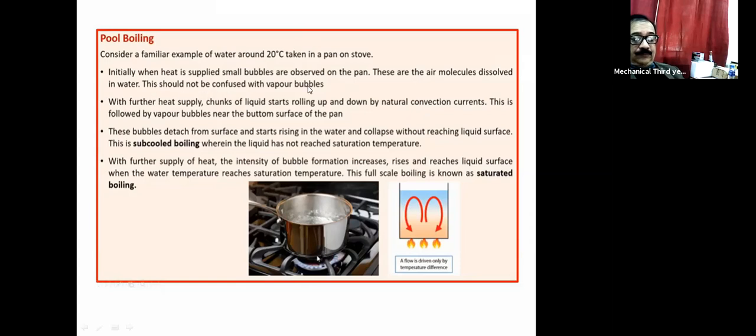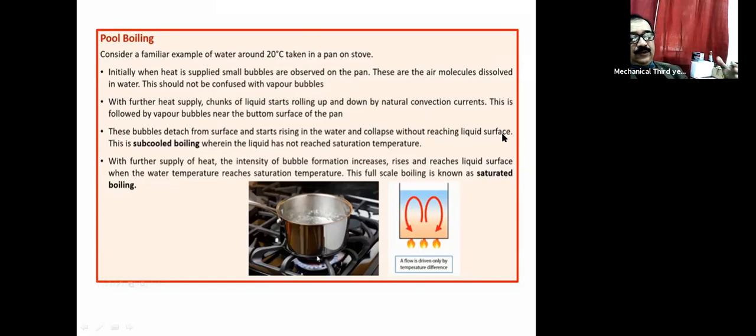With further heat supply, chunks of liquid start rolling up and down by natural convection currents. This is followed by vapor bubbles near the bottom surface of the pan. These bubbles detach from the surface, start rising in the water, and collapse without reaching the liquid surface.